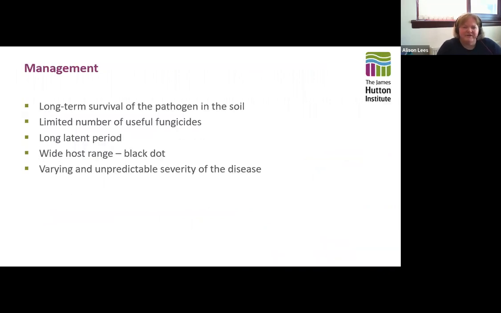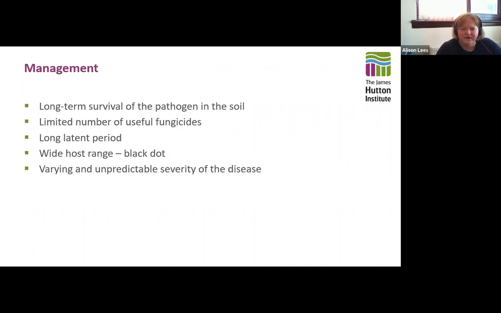So there are several barriers to the effective control of blemish diseases in general, relating to long-term survival in the soil, which makes rotation useful but not totally effective. That's particularly in the case of black dot, also powdery scab actually. Black dot has been shown to survive for at least 8 years or more in the soil. A limited number of effective fungicides.